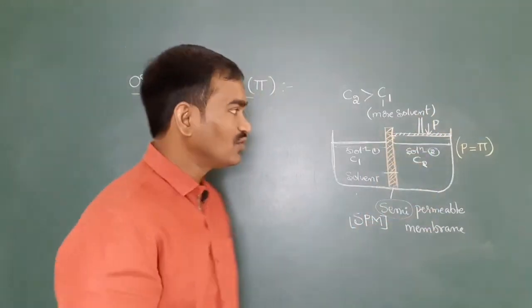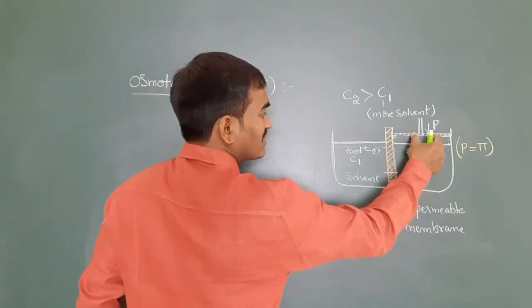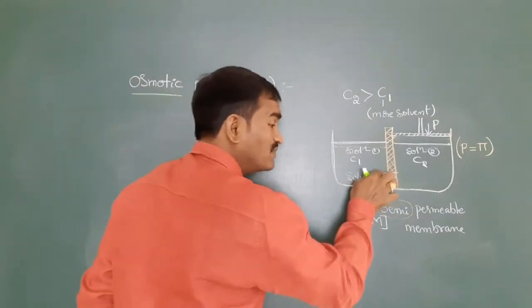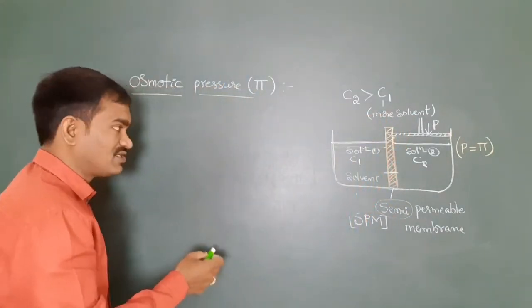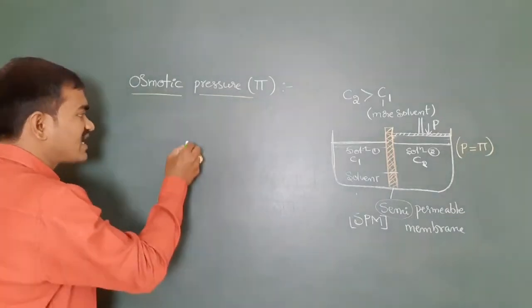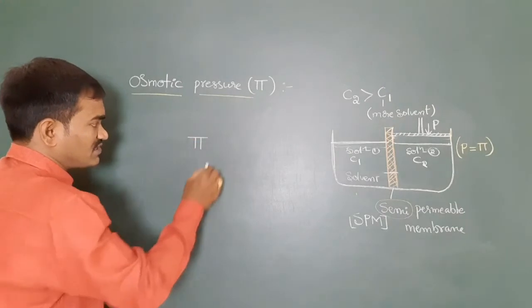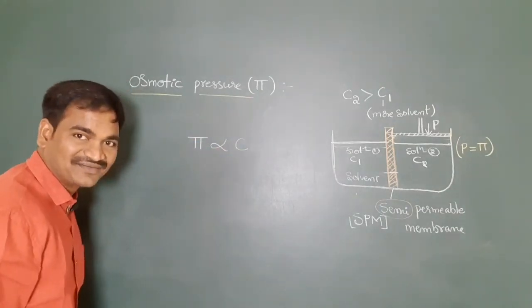The logic here you have to understand. The logic is very important. Here concentration increases, the solvent osmosis also increases. To stop this osmosis, we are applying pressure. That pressure is osmotic pressure. So therefore, what can we say here? That is, the osmotic pressure is directly proportional to concentration. Have you got it?